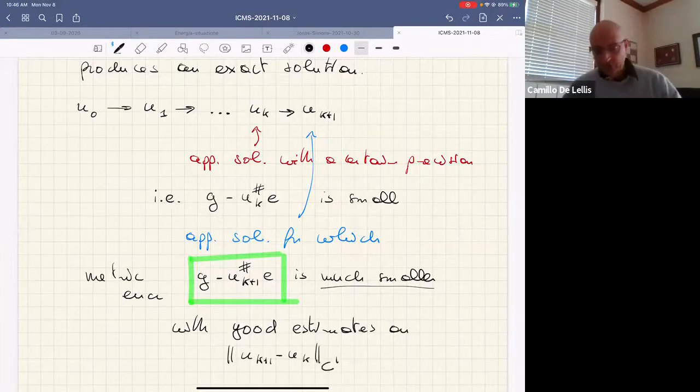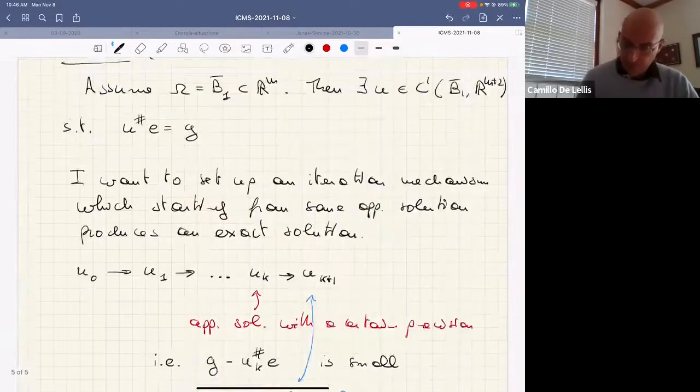The objective of this scheme is to show that there is a way of doing this so that the C1 norm of the difference between two iterates is a convergent series. So that UK is a Cauchy sequence in C1, and therefore it converges to some final map U, which, because you make the metric error smaller and smaller along the iteration, converging to 0, will in fact be an isometric immersion. That's what we want to do.